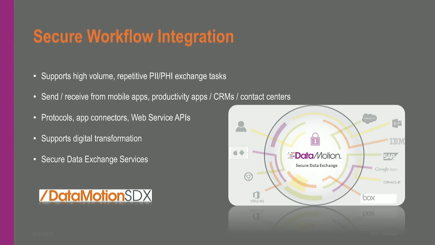So secure workflow integration makes the secure email and file exchange capabilities available to users right within the business process, right within that user interface. Secure Mail has a whole range of connectors, protocols and web service APIs that enable that integration into workflows and mobile apps. That supports all types of digital process transformations across industries like healthcare, insurance, finance and government, where they're doing a lot of work with sensitive information.